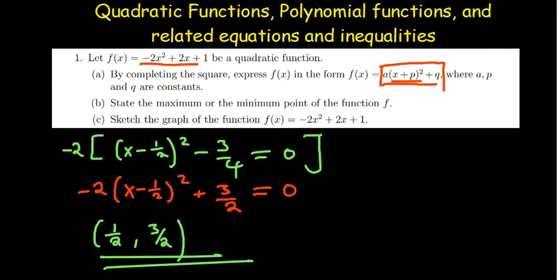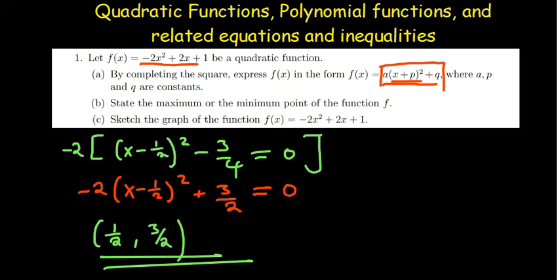The question now says we need to graph the function. The completing the square method has allowed us to get to a point where we have our maximum point. So all we have to do is find the x-intercept and the y-intercept.